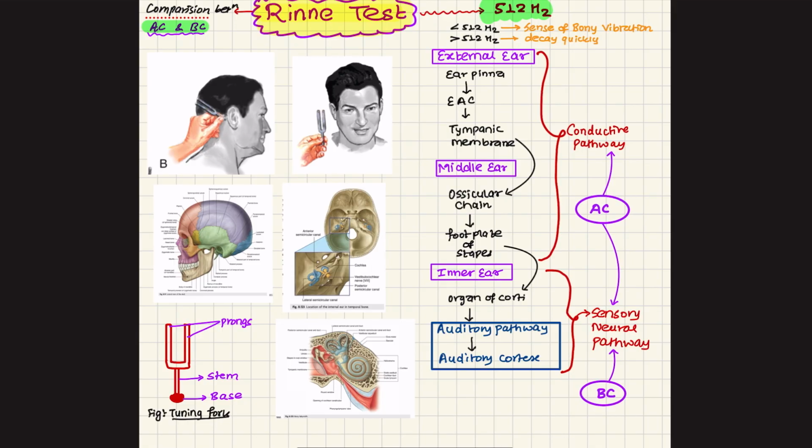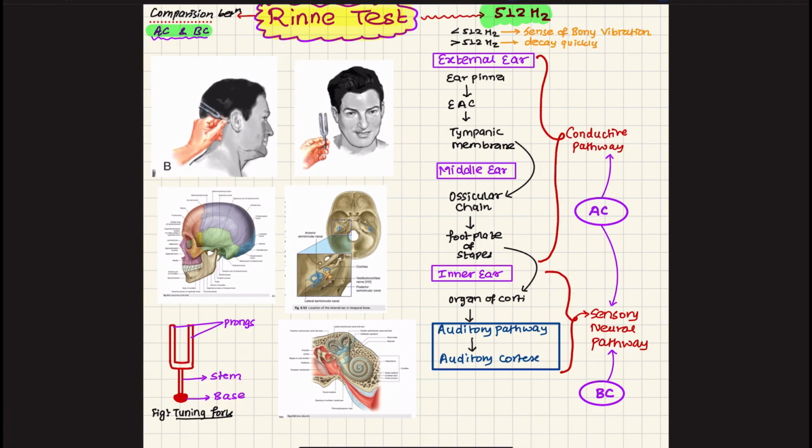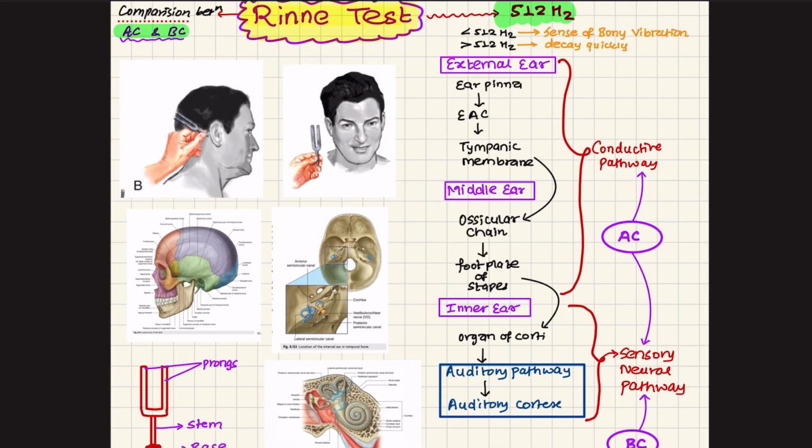Though through this ear, bony conduction does not occur, we have already discussed that in the bony conduction, the whole skull vibrates. So not only this ear, but the contralateral ear also perceives the sound. So the patient will still hear the sound in the bony conduction, but from the contralateral ear.